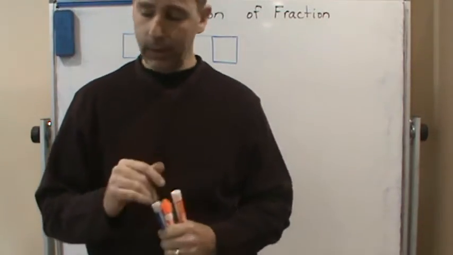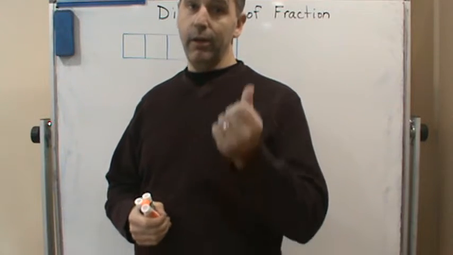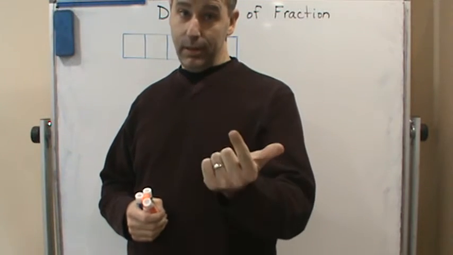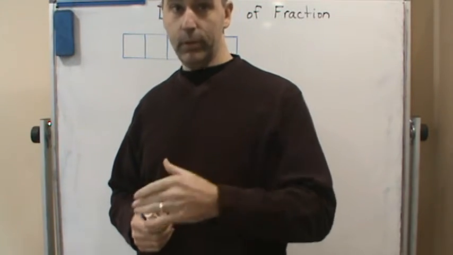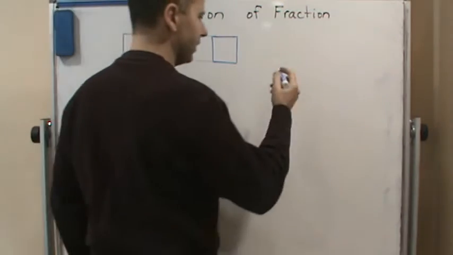Now, the commutative property does not work for subtraction and division. So we can't move things around like that. I want to show a little bit of review.